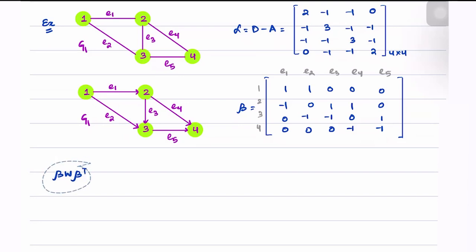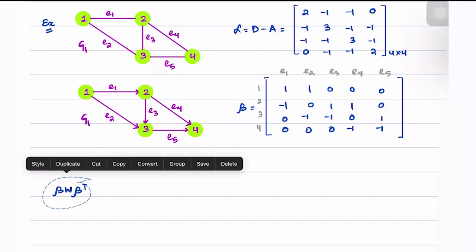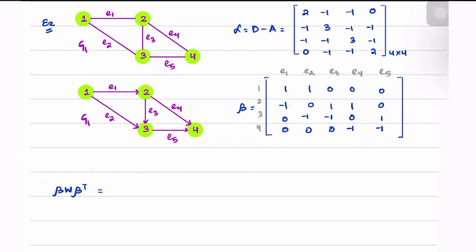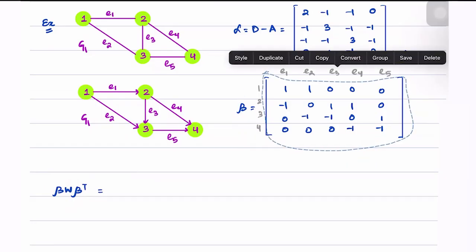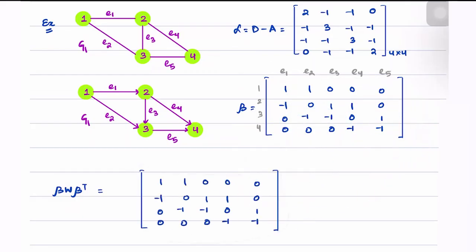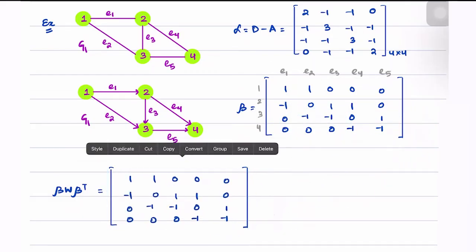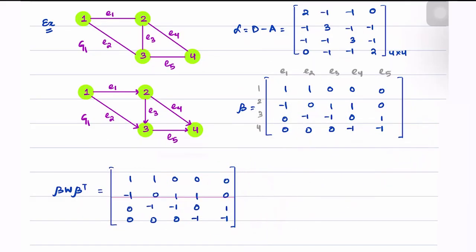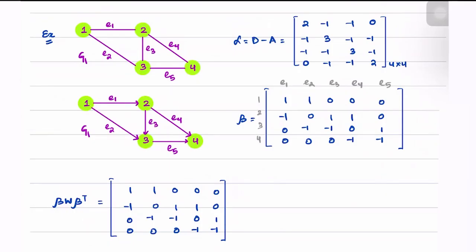So notice that we have not assigned any edge weights here. Hence, we have to consider the edge weights to be equal to 1. So let me write it here. So this is what the incidence matrix looks like. And W is simply the identity matrix because it's a diagonal matrix with all of its entries being equal to 1.